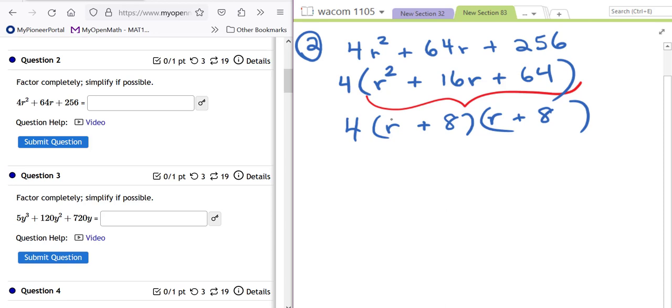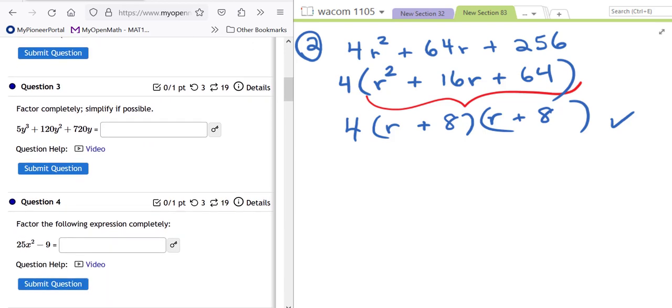You still check the middle. So 8r plus 8r gives 16r, so we're good. But if that's all you saw, I don't know that I would even think perfect square trinomial. But it is, so we're good. All right, so that's the same.